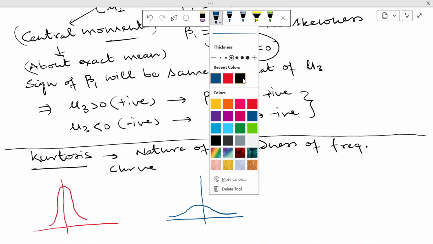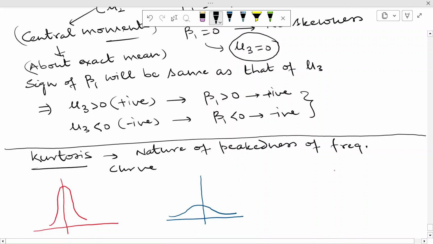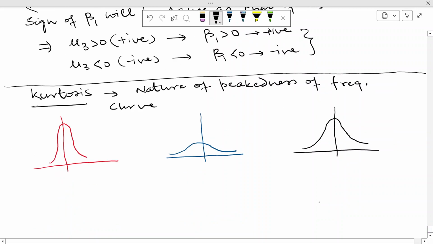The last possibility is that your curve neither gets a very sharp peak nor is it flatter. So we have these three situations when plotting the frequency curve.